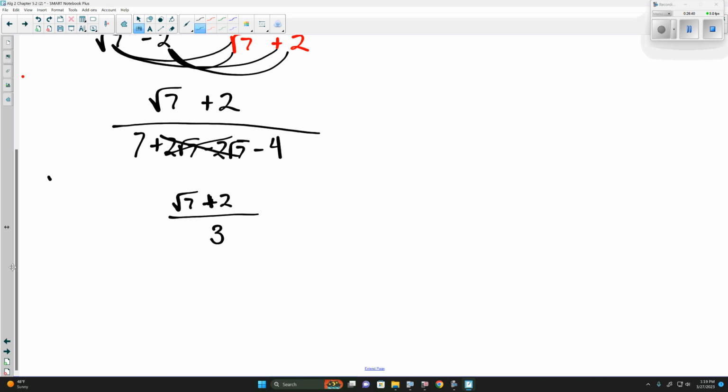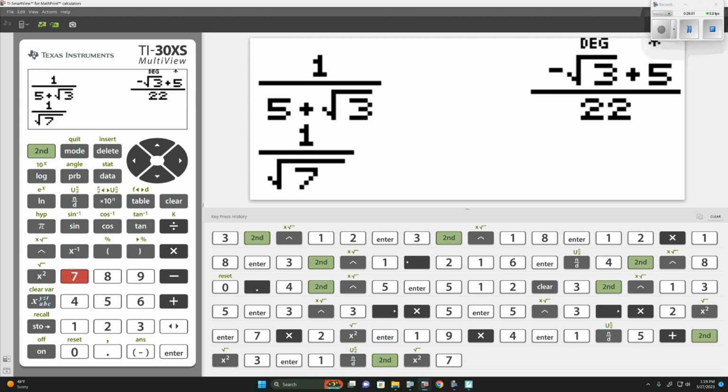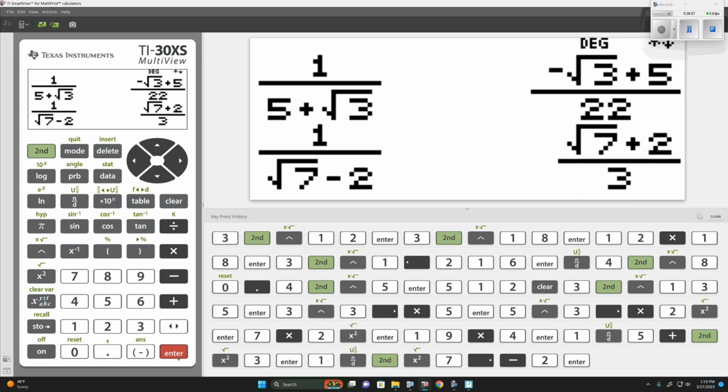And as I pointed out already, the calculators will do these here. Square root of 7 plus 2 over 3. And that's it. Any questions on any of these here?